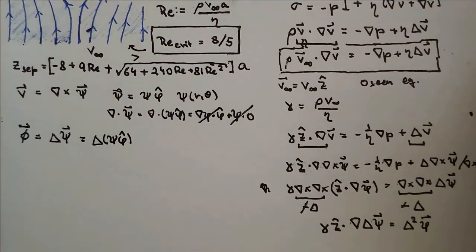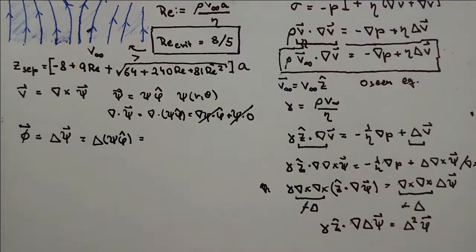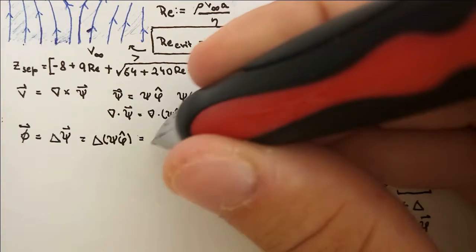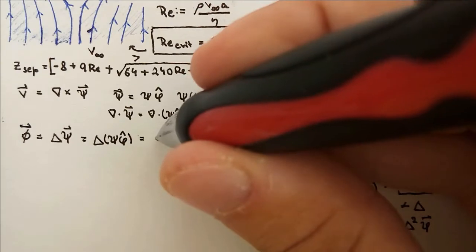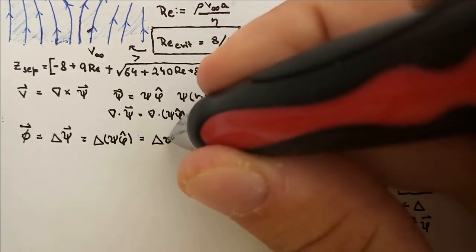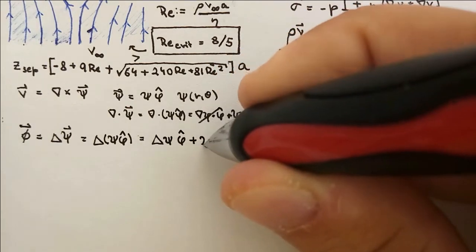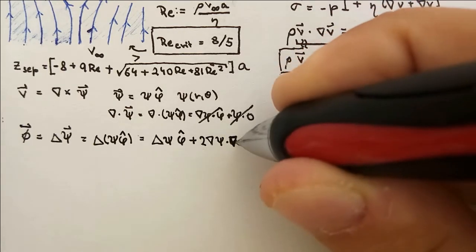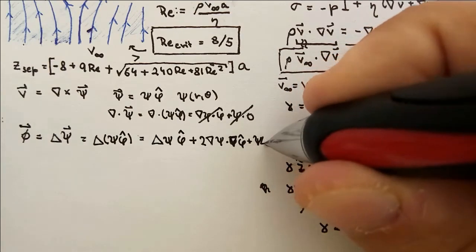So what's the Laplacian of this going to look like? This is not so hard, because we can use our tables from before, but there is a formula for the Laplacian of a product of a function and a vector field. It's basically the Leibniz rule: Laplacian of the first times the vector field, plus 2 times gradient of psi times gradient of phi, plus psi Laplacian phi.